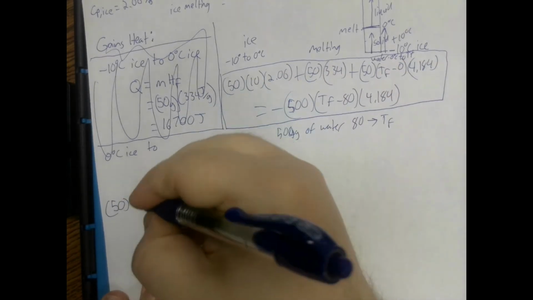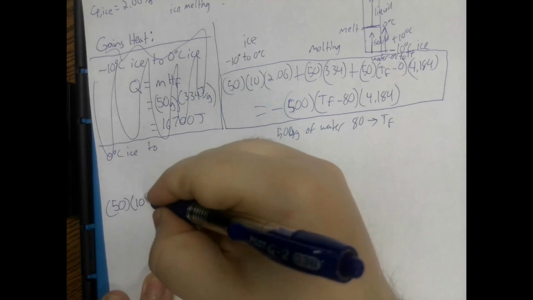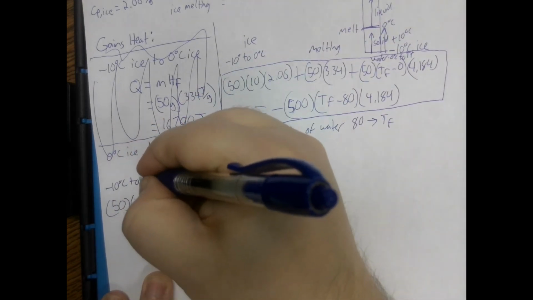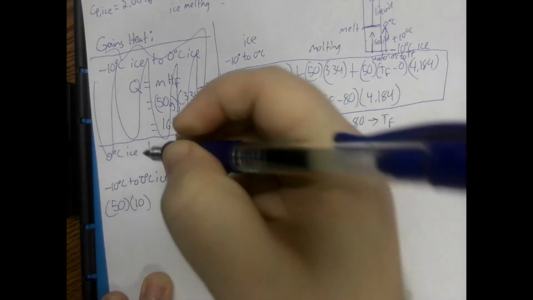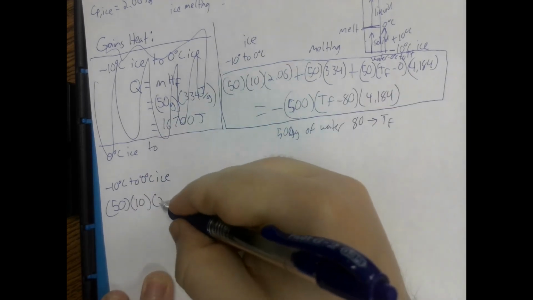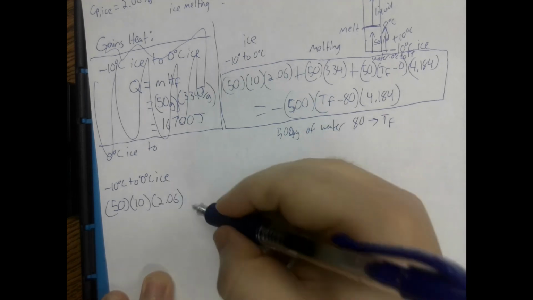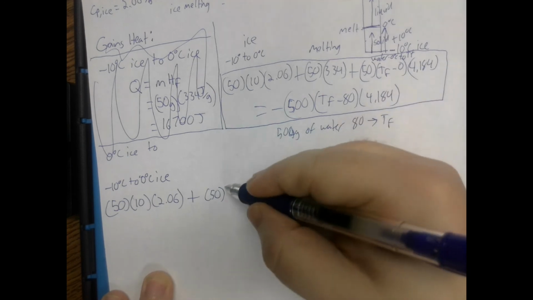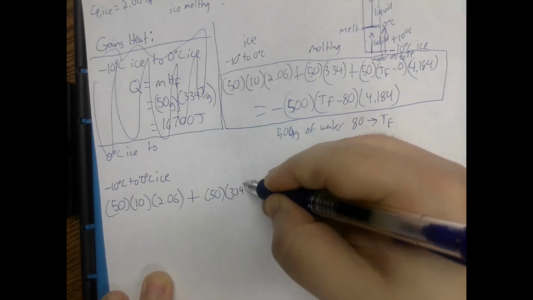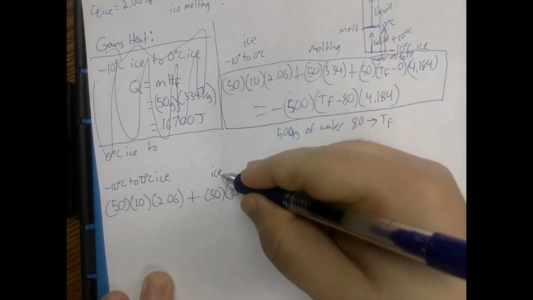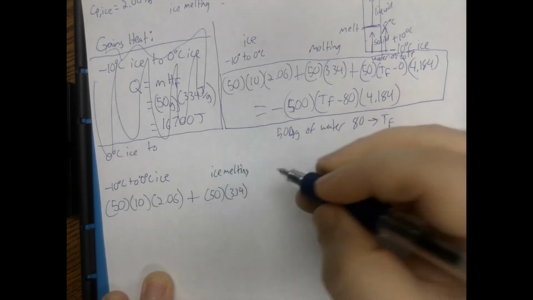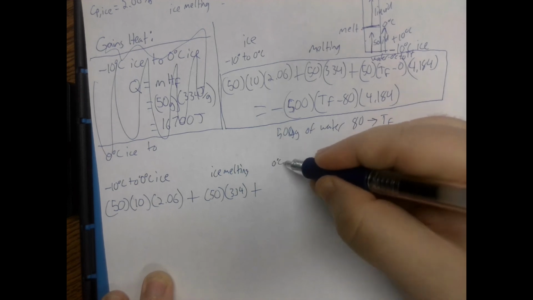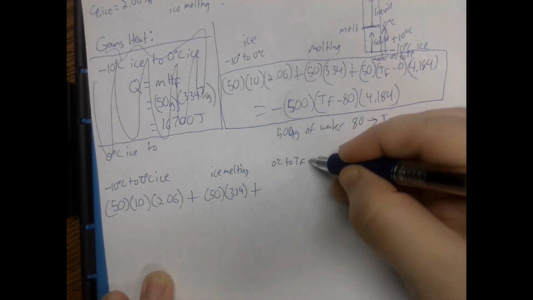If you're doing it all at once, we're doing the negative 10 degrees Celsius to 0 degrees Celsius ice. Maybe it'll be better to write the words above it. Then we're going to be doing the melting. Ice melting. Then we'll be going from 0 degrees Celsius to TF water.